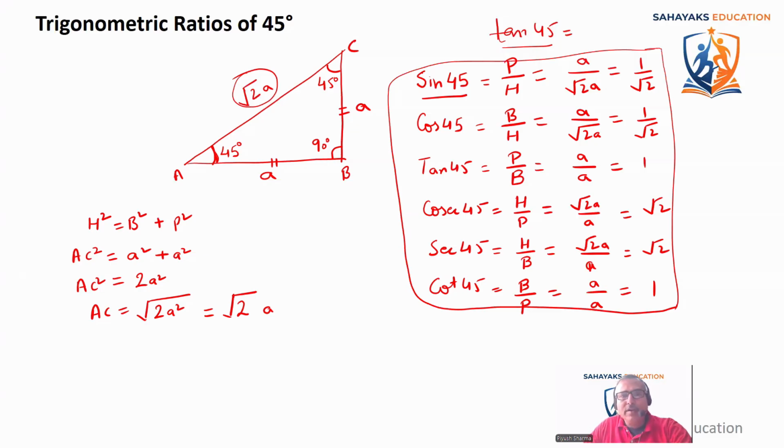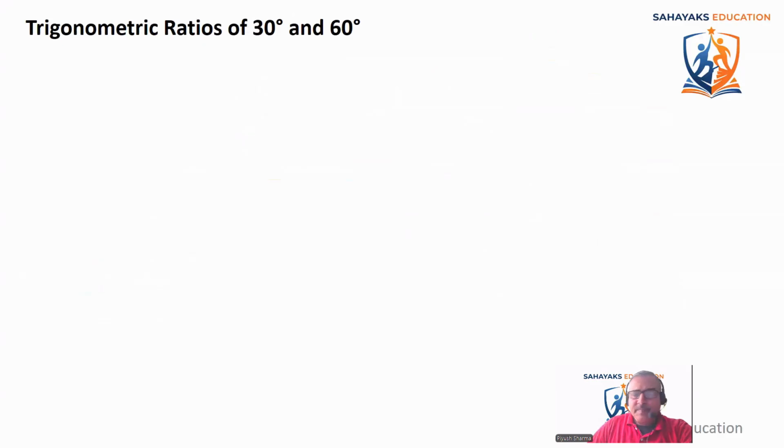Now we are going to derive it for 60 and 30, how the values for 60 and 30 are derived. Okay, so let's again make a triangle. Instead of making a right angle triangle, for this we are going to make an equilateral triangle, where every side is equal to A. This is A, this is also A, the third side is also A. And I'll make a perpendicular from the top.